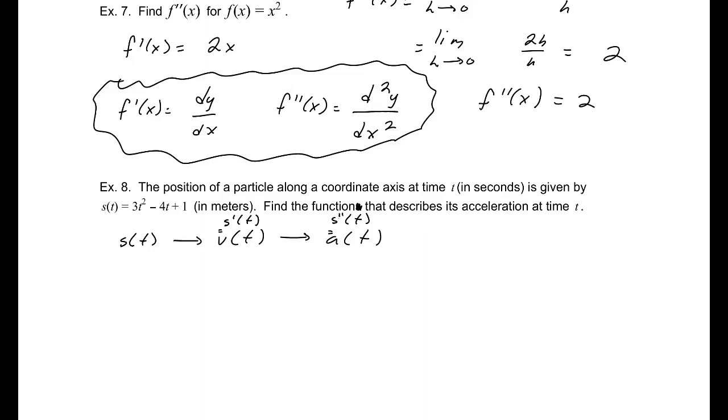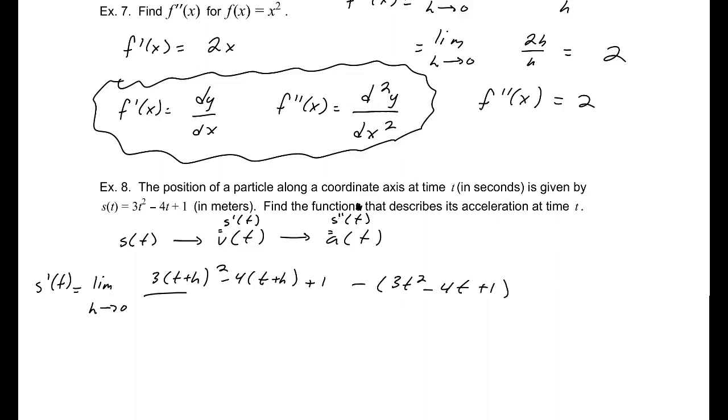All right, so the limit as h goes to 0, this is s prime of t, of s of t plus h, so that's 3(t plus h) squared minus 4(t plus h) plus 1 minus s of t, 3t squared minus 4t plus 1, all divided by h.